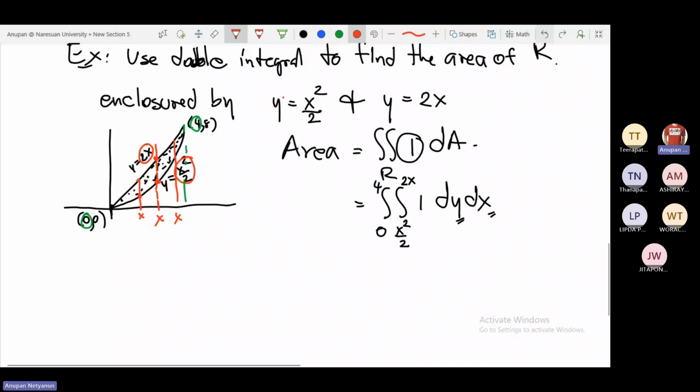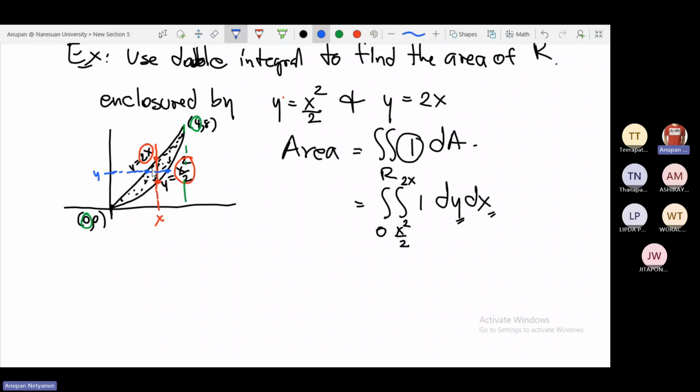Now, you may ask if we can do the integration with respect to x first. So let's check, okay? We can check from the picture. If you want to do the integration with respect to x, so your y is constant, then you draw the line, and it hits this point and this point.